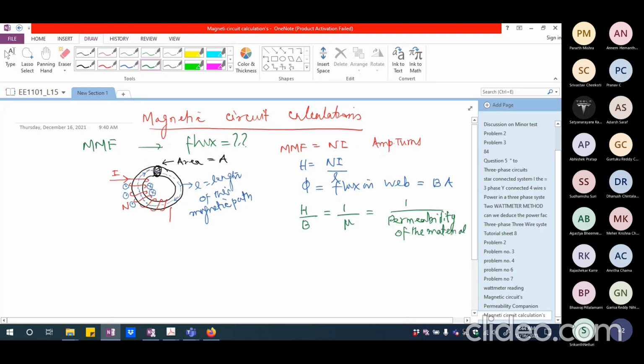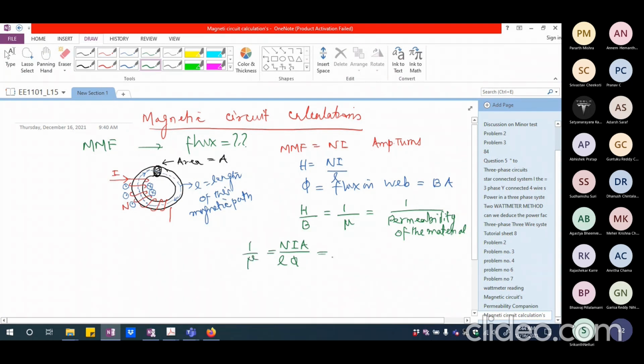In which case I can write this H as Ni divided by L, right? And I can write this B as phi divided by A. So I should have A here. This is what is 1 by mu according to what we defined.